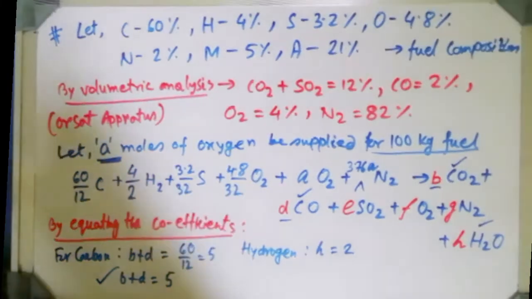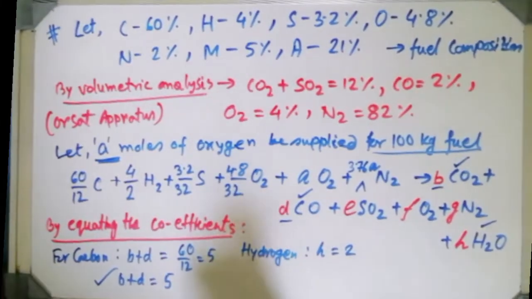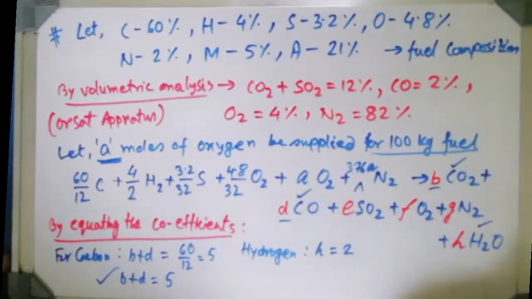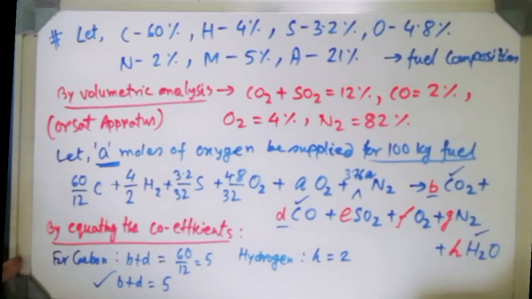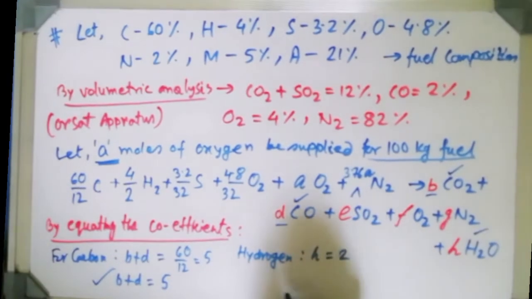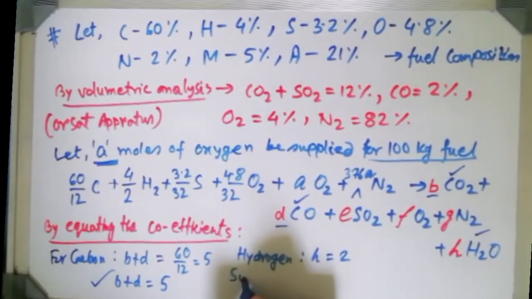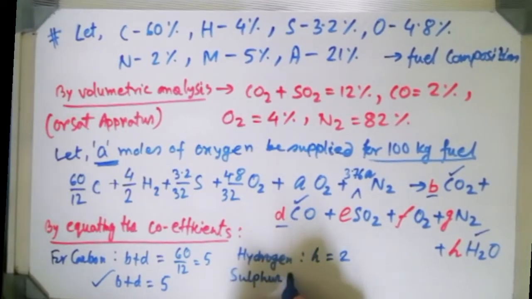So after completing hydrogen, go for sulfur. For sulfur, from the left side you can see 3.2 by 32, which means 0.1, and on the right side it is E, so E is nothing but 0.1. The simple technique.